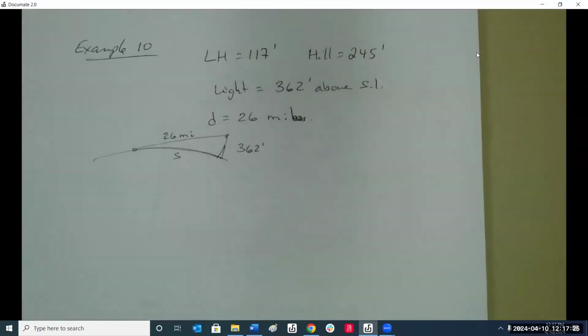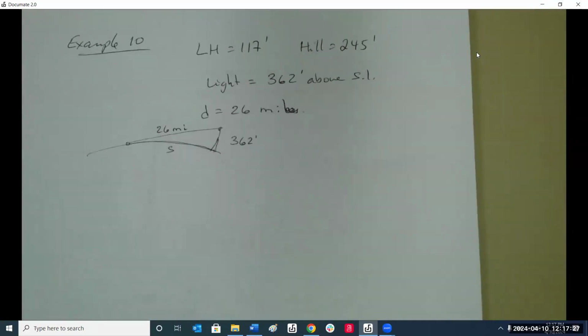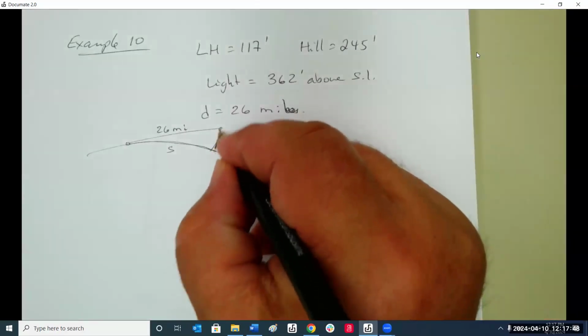So what do you have to do with this equation to get it working? How do we set it up? Which function are we going to use? We know the height here.